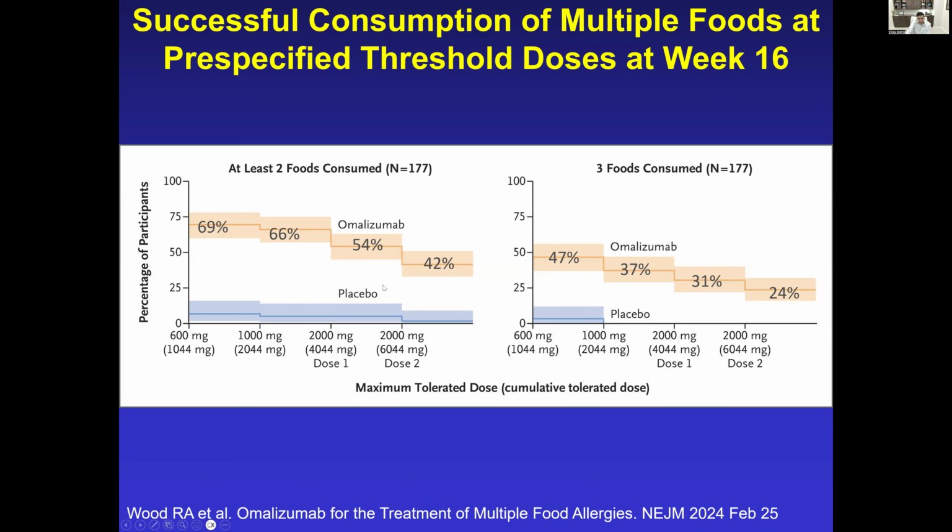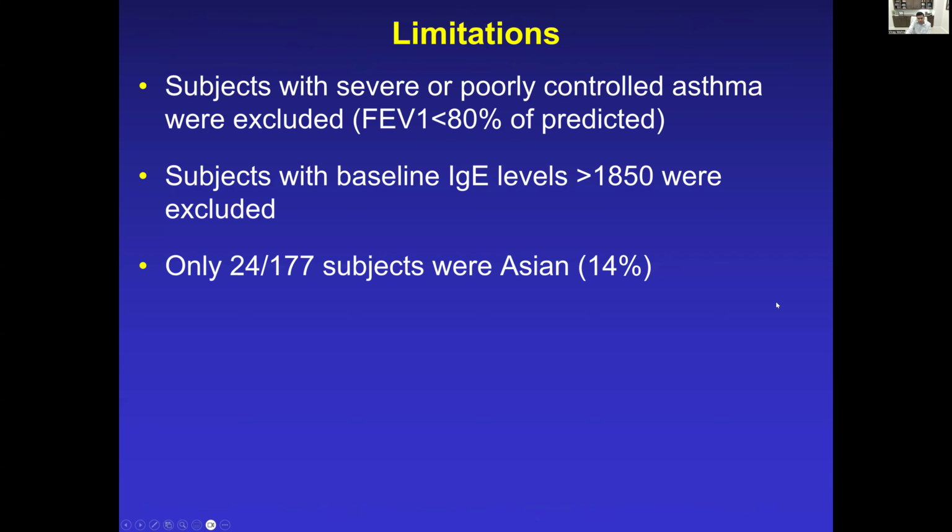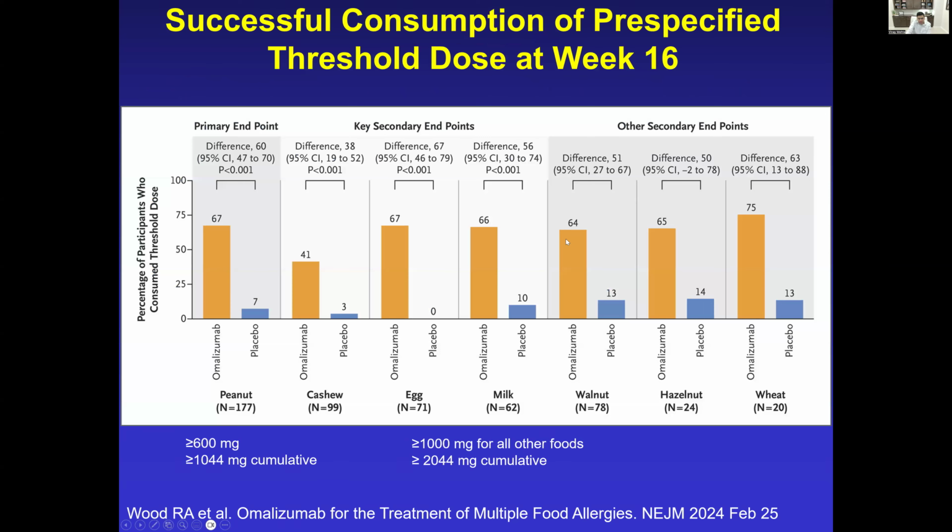These are the Kaplan-Meier curves. In addition to tolerating peanut, a large percentage of them could tolerate 2 foods, even 3 foods. So this may be an option in the future for children with severe food allergies, especially multi-food allergies, where it's hard to avoid.